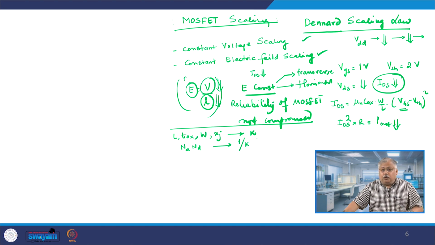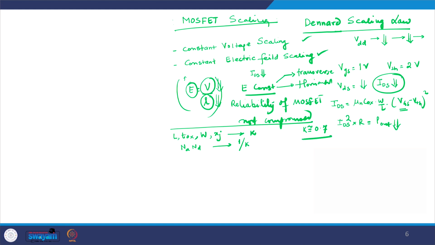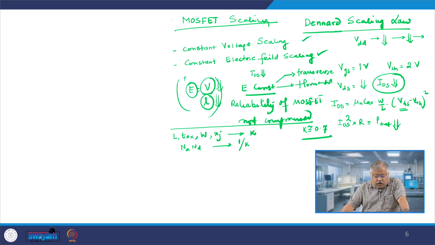So, basically the doping concentration increases with each passing technology node, whereas the physical dimensions reduce by a factor of k. This k, let me help you out at this stage, is approximately equal to 0.7. So, when I scale down by a factor of 0.7, it basically means that you are reducing it by some value. Then the voltage, of course, is scaled down by a factor of k.